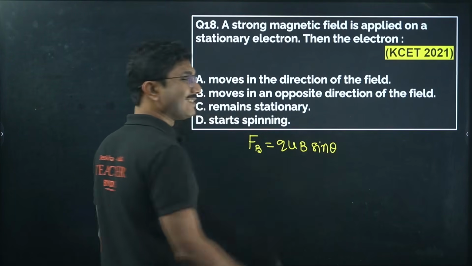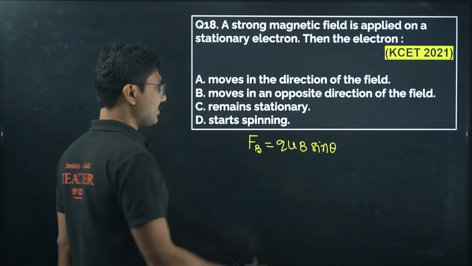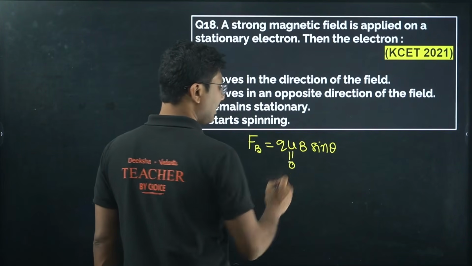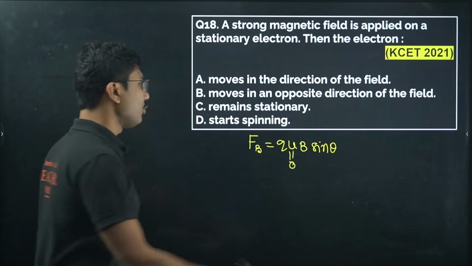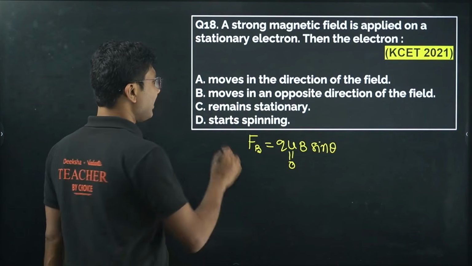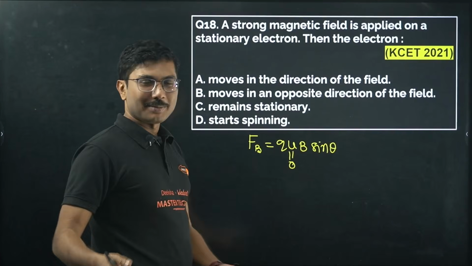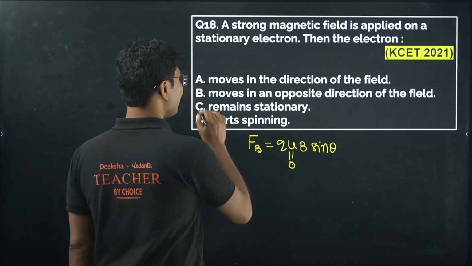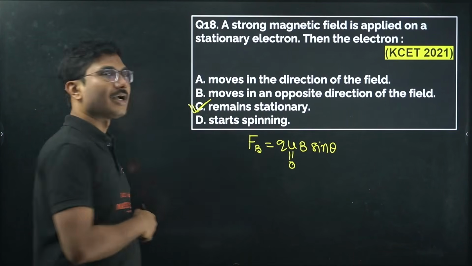If the charge is stationary, that means the velocity of the charge is 0. So if you multiply anything with 0, what do you get? It will be 0. So the charge will remain stationary.